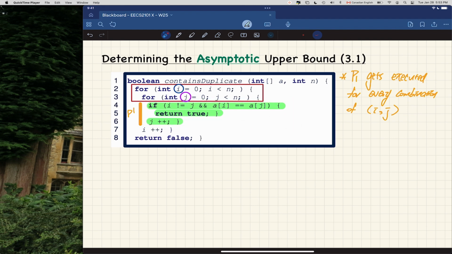So you can think about it as constant, constant, constant, constant, constant, constant, and constant. All constants added up, right? So I can safely just say this part over here is just going to be big O of 1 for each execution. And then once we figure out exactly how many combinations there are, we're just going to multiply these 2 numbers. But we'll get to this part in just one moment.